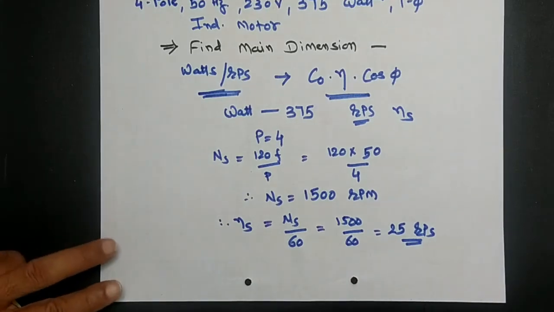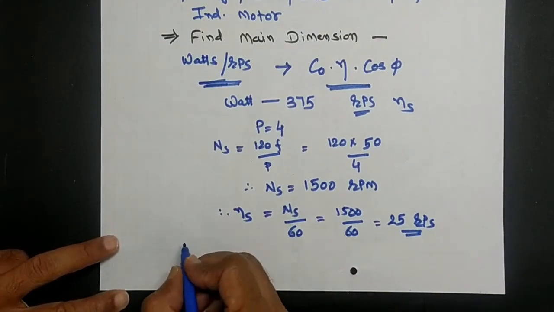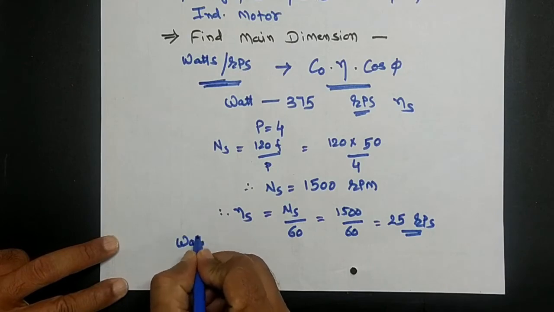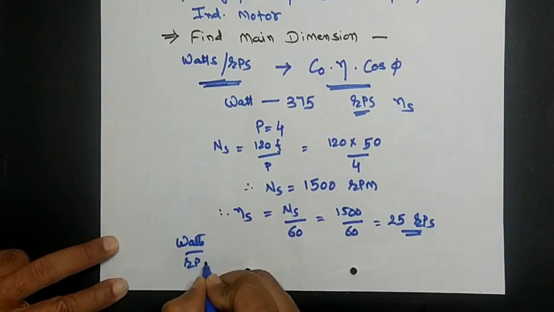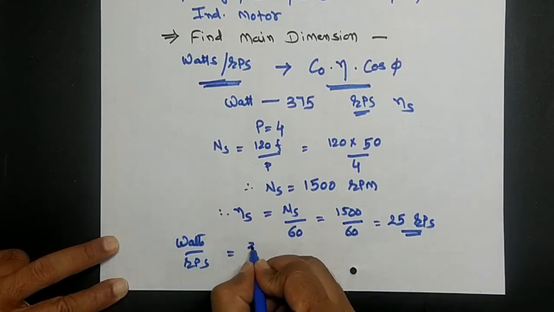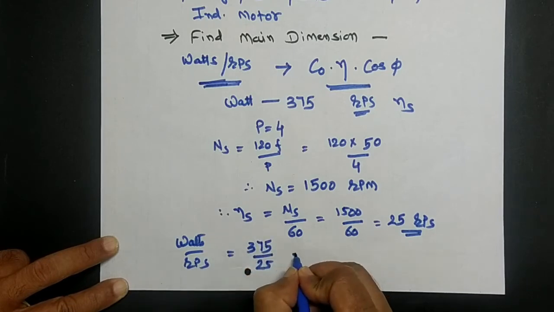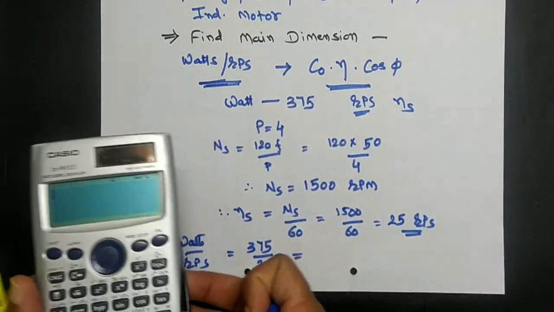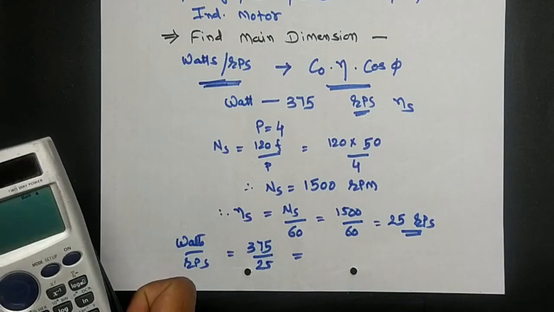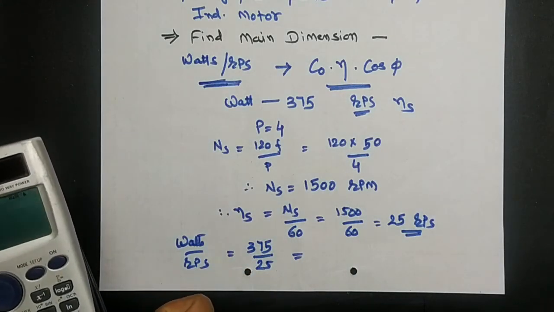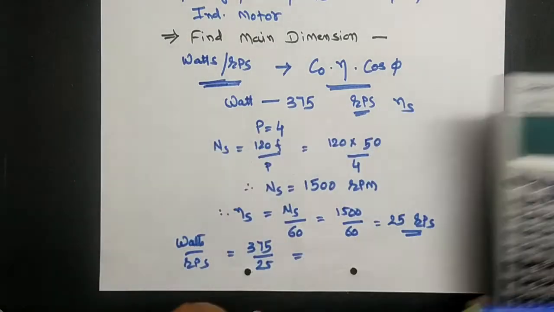So now we have the ratio watts per RPS. 375 divided by 25 comes to 15.